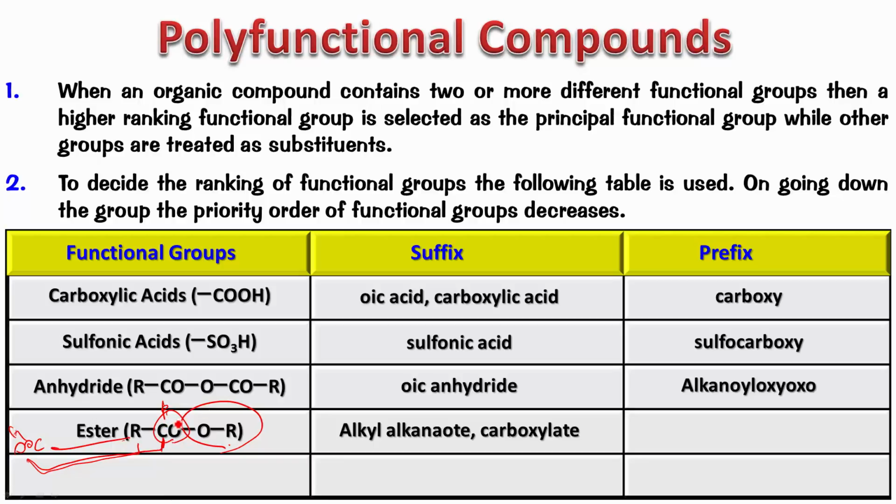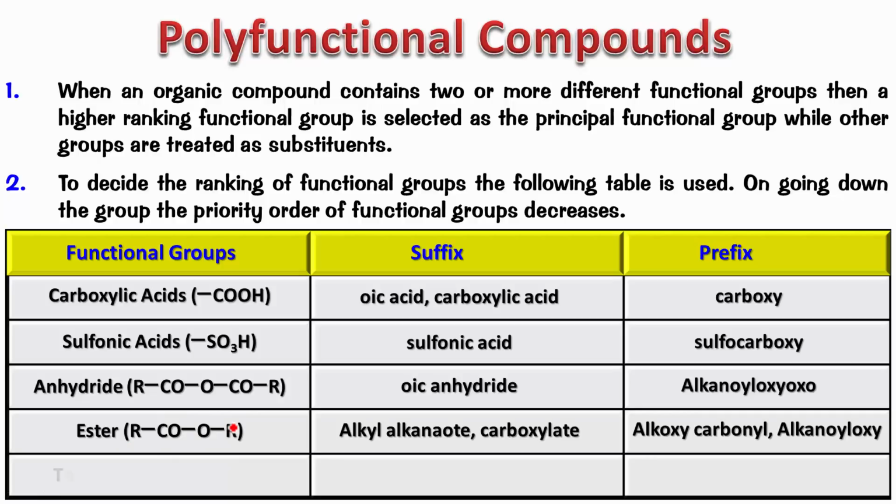That is how we talk about the prefixes: alkoxycarbonyl or alkanoyloxy. You can call it alkoxycarbonyl, or you can call it alkoxy oxo. But when you say alkoxycarbonyl, it includes this carbon.